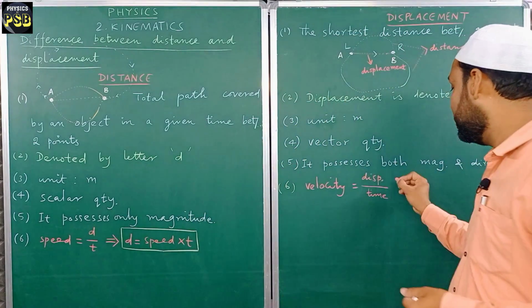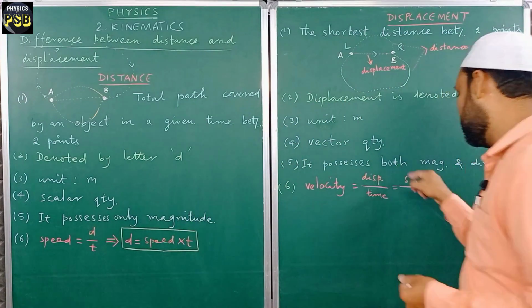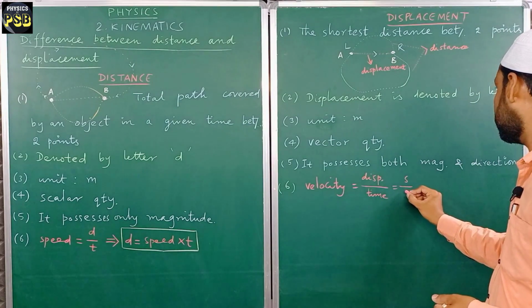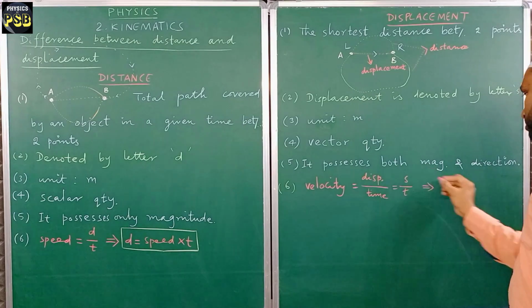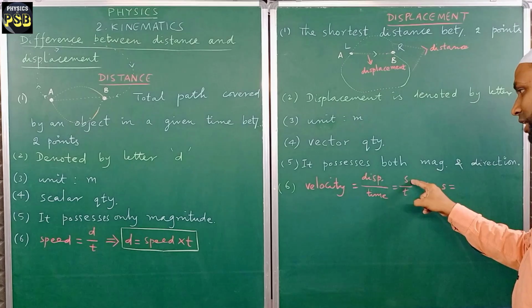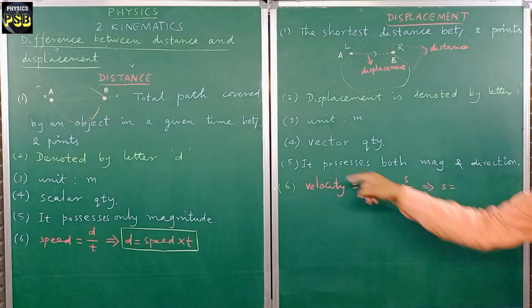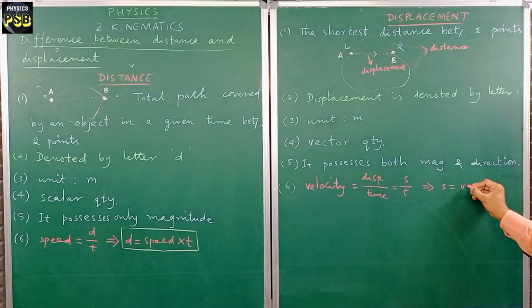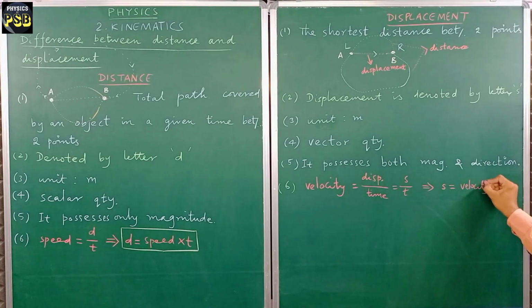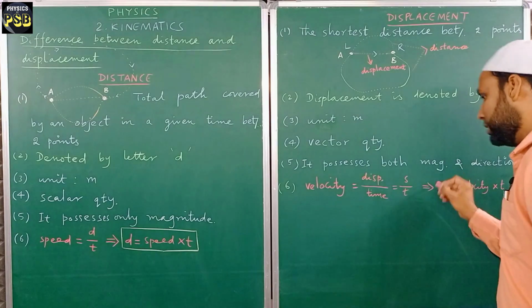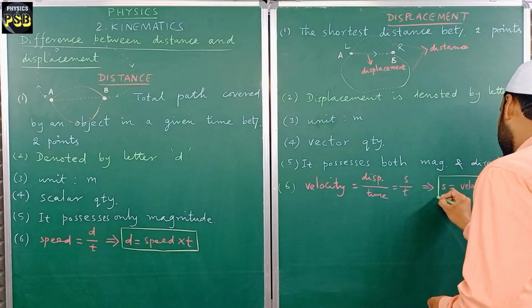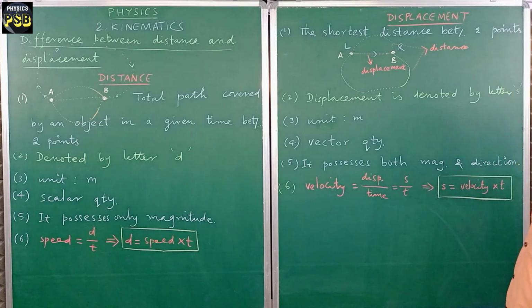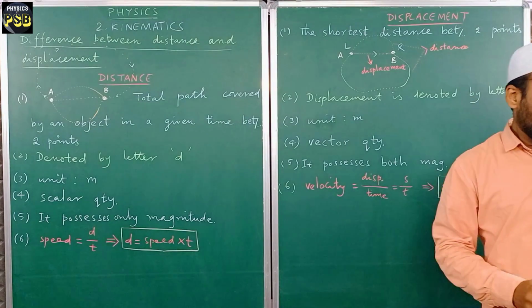Displacement is denoted by letter S, and the time by letter T. So from this expression, S, which stands for displacement, can be obtained by cross multiplication: velocity multiplied with time. This equation gives us displacement, if you know the velocity and the time taken by an object to reach the destination from the initial point. Clear?